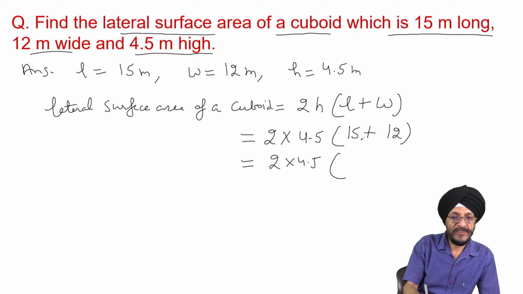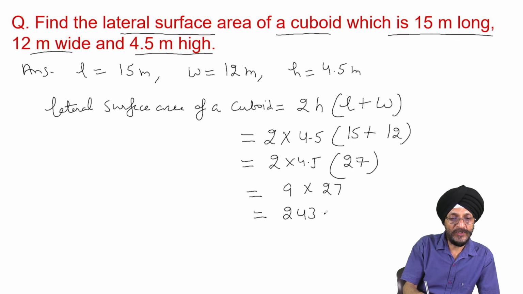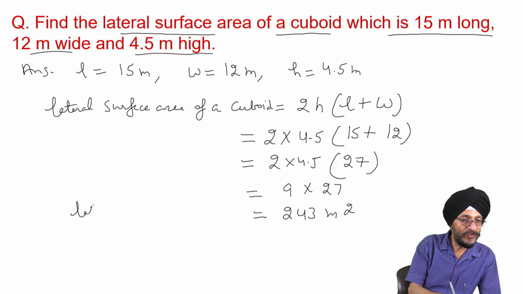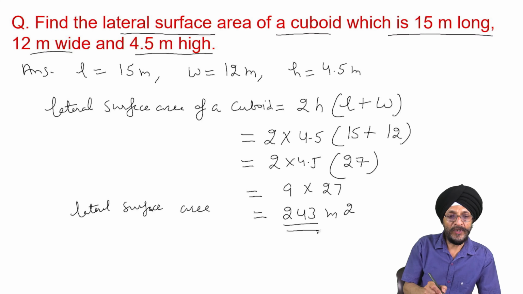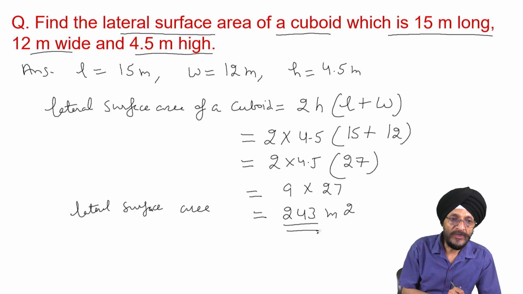Let us solve it first. 27. And the answer which will come before us is 243 square meter. So the answer is lateral surface area is equal to 243 square meter.